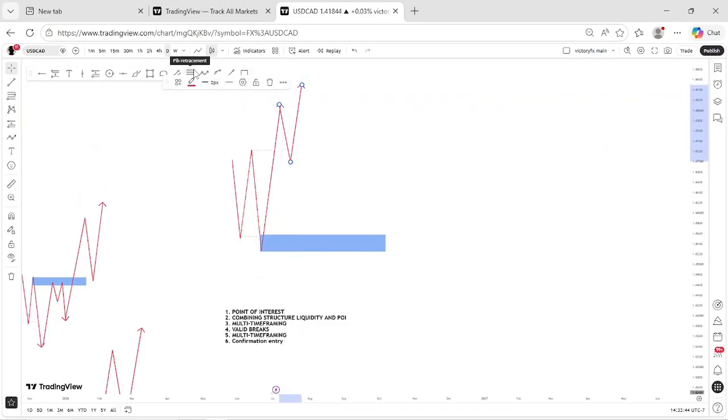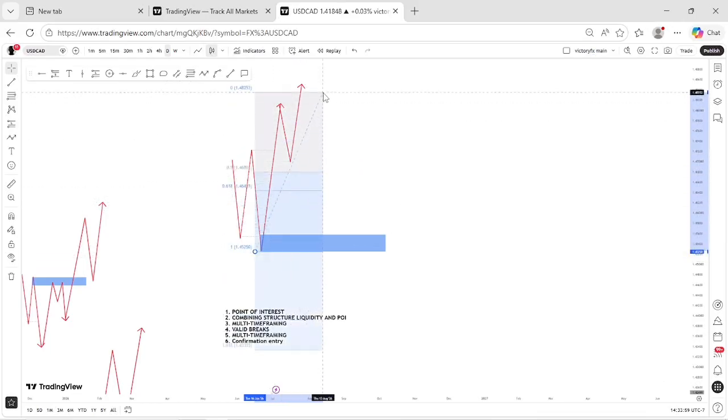A mechanical way you can easily do it is that you draw your Fibonacci from the low of your point of interest, that's where basically the sweep happened, to the high before the drop.